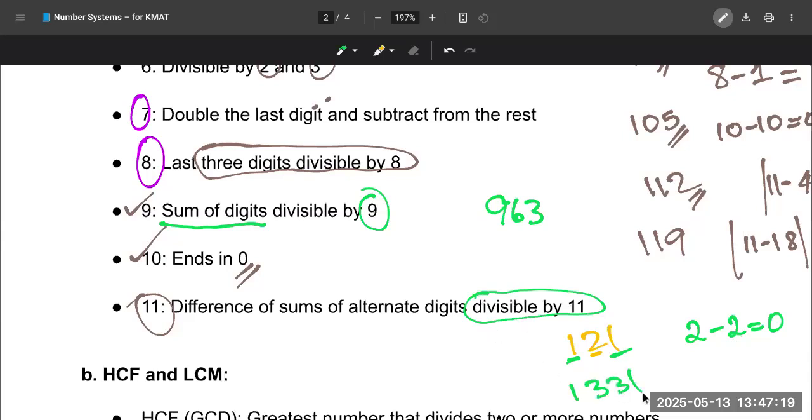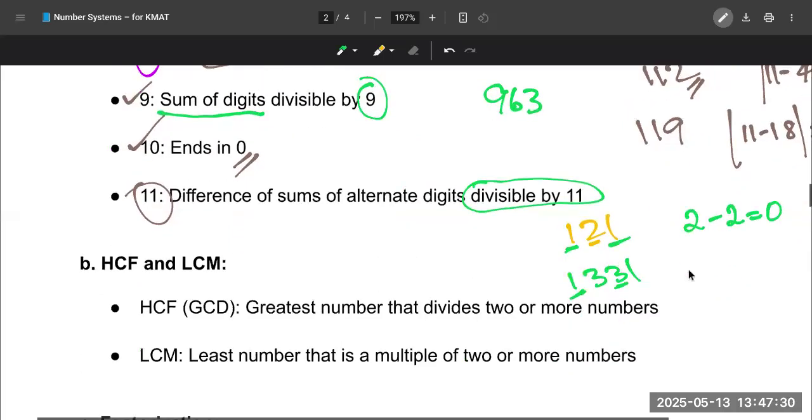Suppose 1331. Okay, there also it is 4 minus 4. 132, there also it is 0. 143.